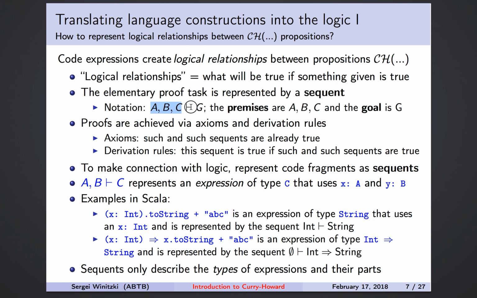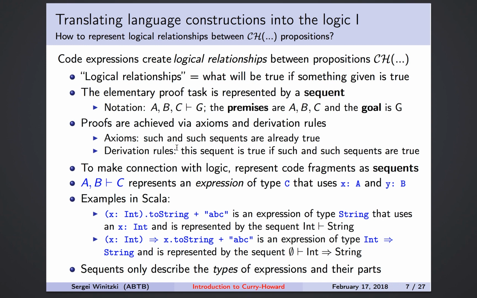And the proofs in logic are achieved by using axioms and derivation rules that have to be specified in advance. Axioms in this notation would mean that we have a list of sequents that are already true by themselves, that do not need any proof.